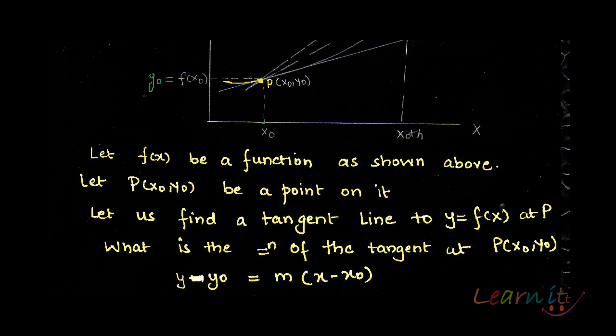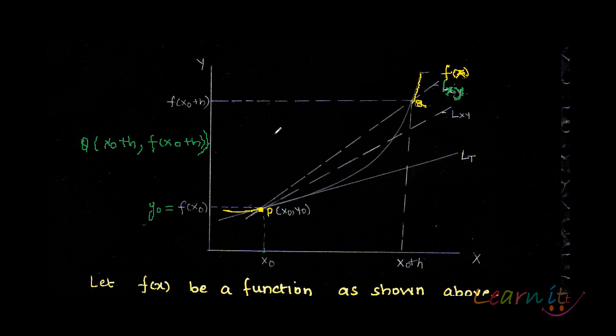Now moving down, we have a function out here, we have a point P out here. Let us find a tangent line to y equals f(x) at P. So our aim is to find a tangent line. Let me just draw this tangent line.